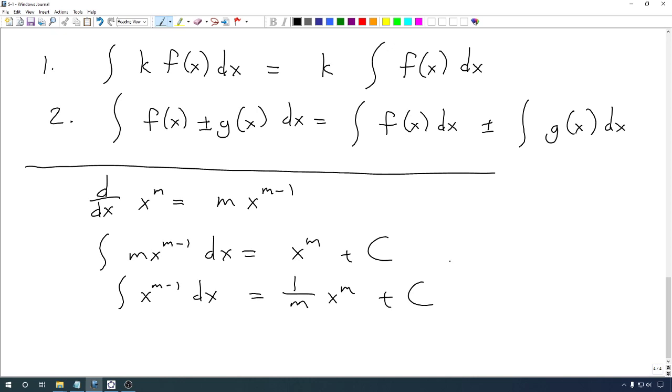Now, note that the constant here is completely arbitrary. Technically, these two c's are different constants. I had to divide the c here by m. But since it's completely arbitrary and I don't really care what it is right at the moment, I'm just going to call the new constant c as well. I like to talk about that as multiplying or adding or whatever with constants just gets absorbed into the c.